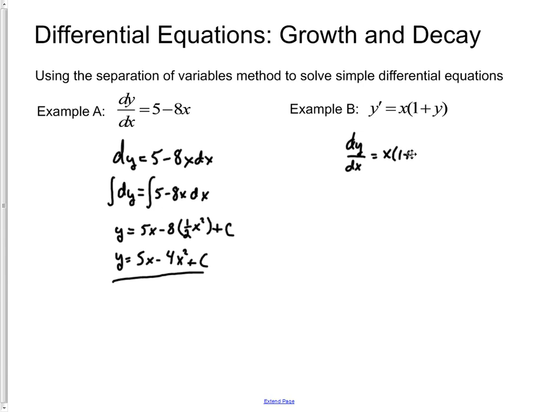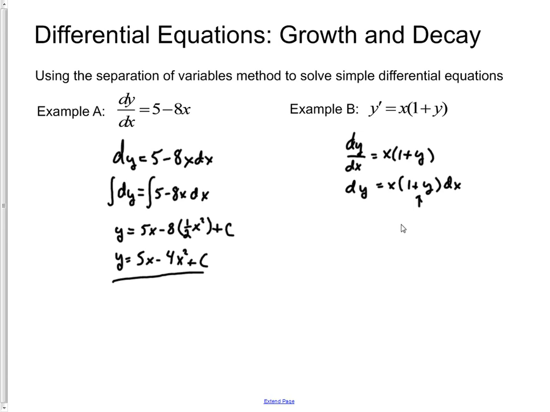Now our goal here is to gather like terms to one side. So of course I could multiply both sides by dx like I did in the last case. So I'm going to get x times 1 plus y times dx. But that's no good yet because we still have this 1 plus y hanging out over here.